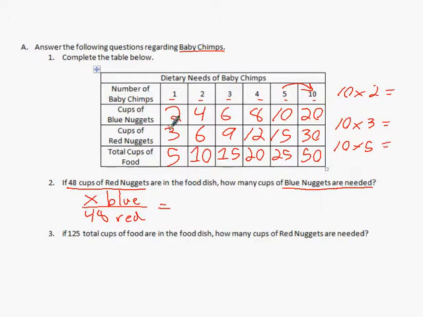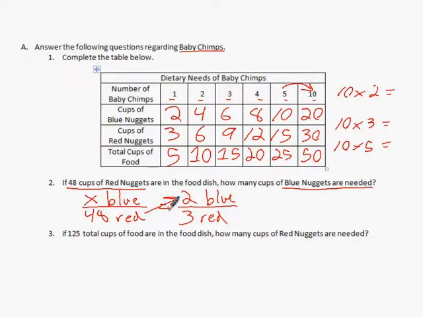Any of these ratios work: 2 over 3, 4 over 6, 6 over 9, 8 over 12, any of these work. Smallest numbers are normally easiest. So 2 blue, since blue is on top, and 3 red. This is the proportion. The proportion is set up. Now we need to solve it using cross multiply and divide.